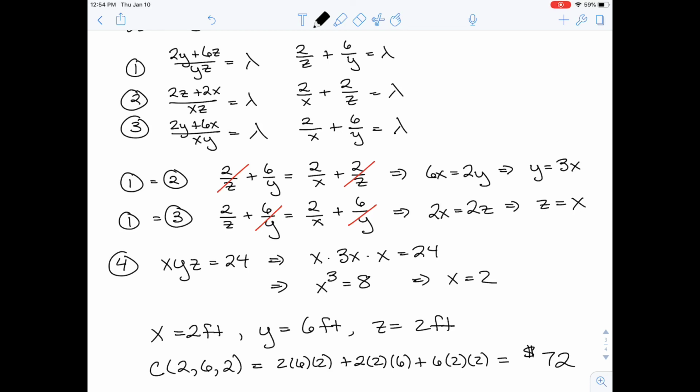And that completes our first problem with 3 variables, x, y, and z.